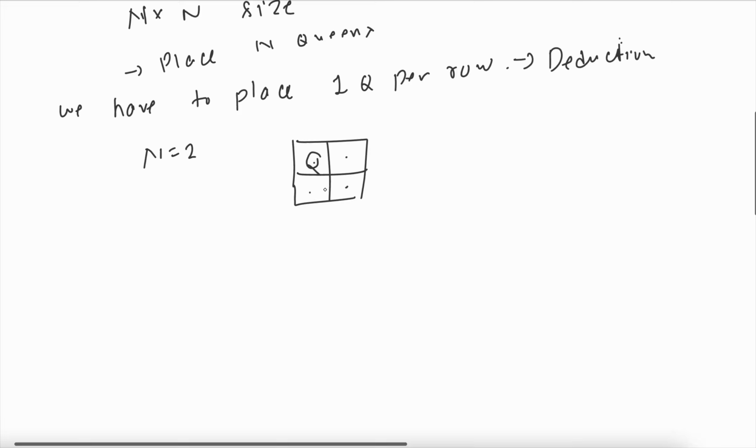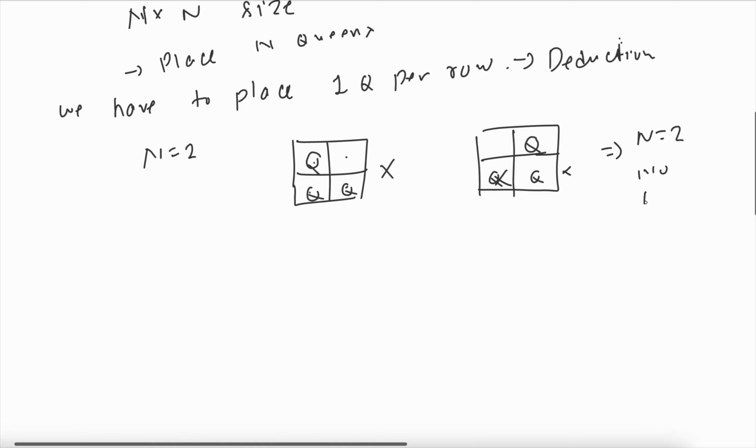No, of course I cannot place it here, it will attack. So this is wrong. Let's say I place it here instead. Can I place it here? No. Can I place it here? No. So for n equal to 2, there is no possible answer.